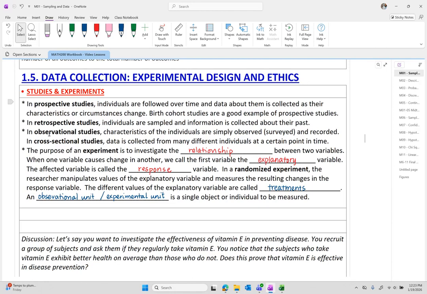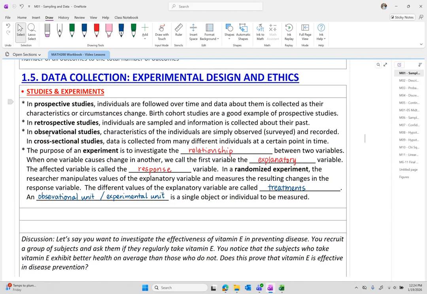But for the experiment to be well designed, the other variables that could potentially influence the outcome, the response variable, must be kept either constant or be randomized in a way that they will not influence the outcome.